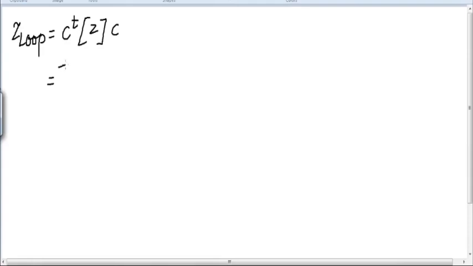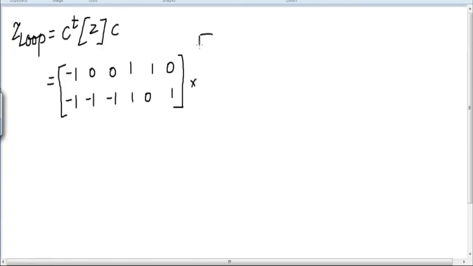You can directly write the transpose. I will write here. You can write in your copies. So this will be -1, 0, 0, 1, 1, 0. Right? So this was C. With the help of C, I have written the C transpose matrix. This is -1, -1, -1, 1, 0, 1. This is C transpose. Now multiplied by Z matrix.